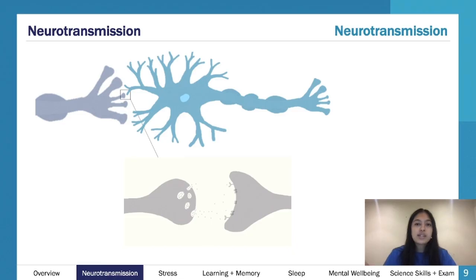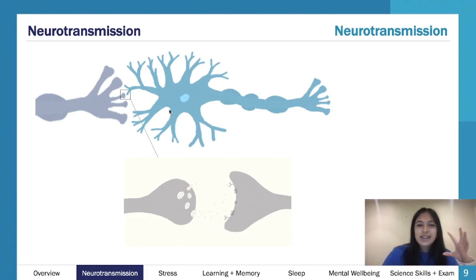The emphasis on this compared to your old study design is that you don't have to know every single part of a neuron, like your myelin, you don't really have to worry about that. VCAA in this study design really wants you to focus on the components involved with synaptic transmission.